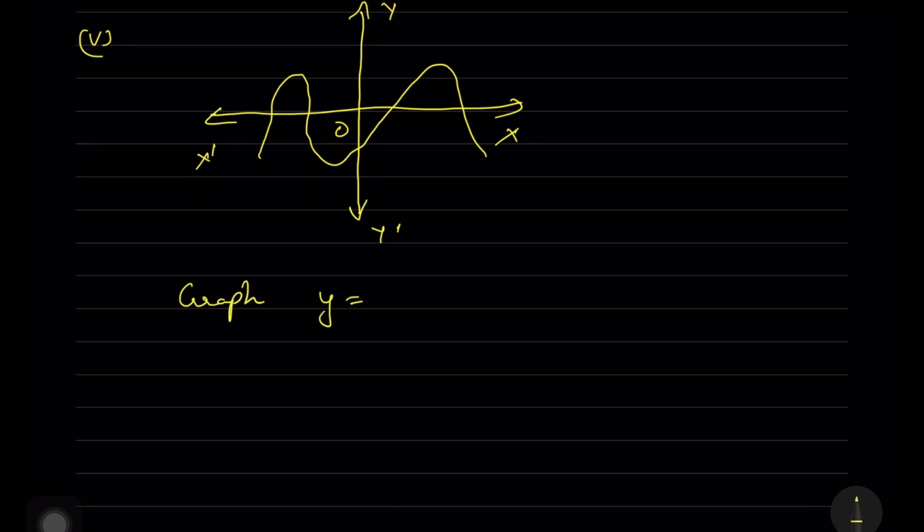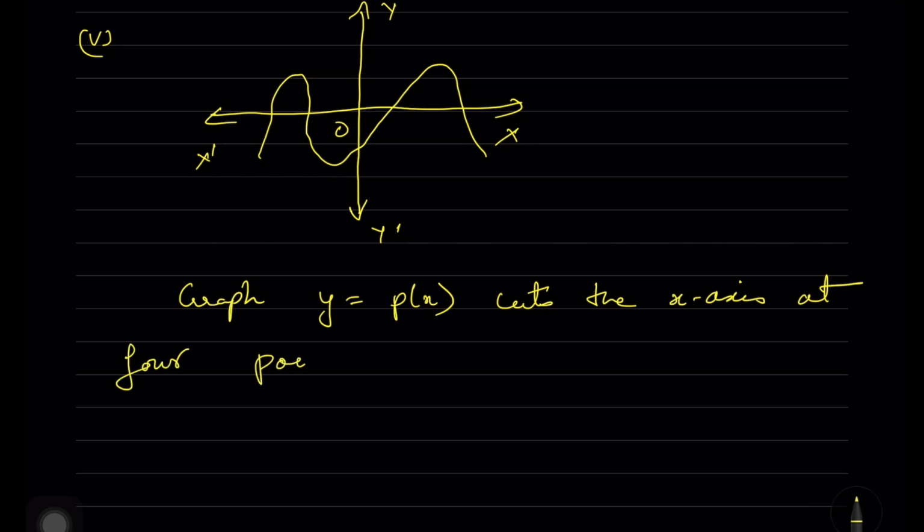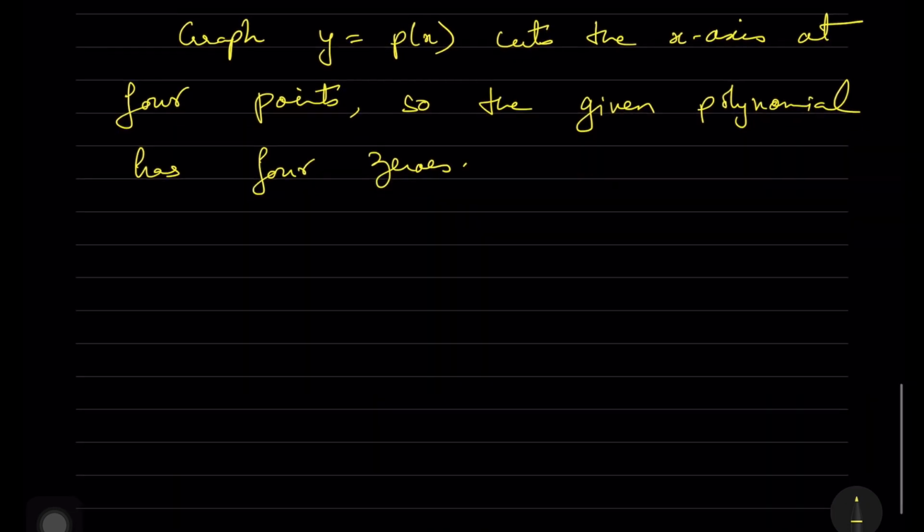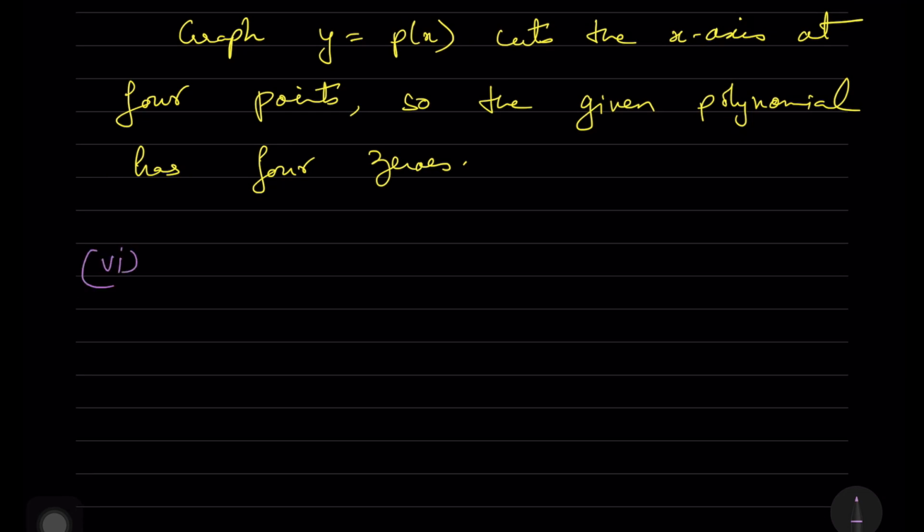So how many zeros are there for this? There are 4 zeros. Since the graph y is equal to p of x cuts the x-axis at 4 points, the given polynomial has 4 zeros. It is touching 2 on the positive side and 2 on the negative side, so totally 4.